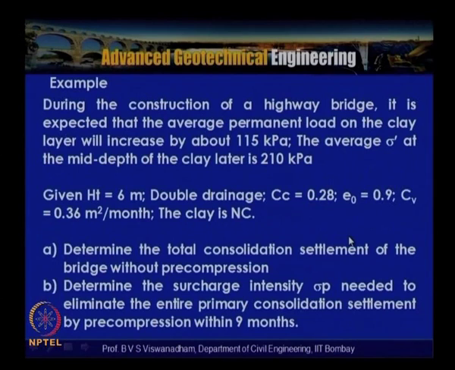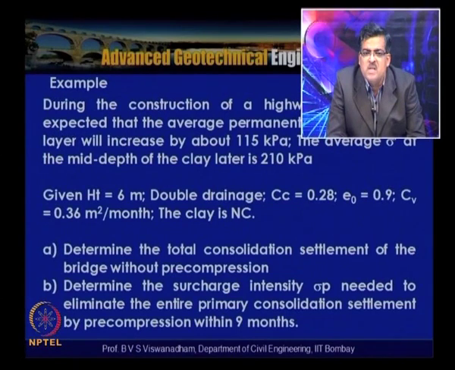Now let us consider an example where, during the construction of a highway bridge, the average permanent load on the clay layer is expected to increase by about 115 kilopascals, and the average sigma naught dash at the mid depth of the clay layer is 210 kilopascals. The thickness of the clay layer is 6 meters with double drainage, which means the effective drainage path is 6 by 2 meters.